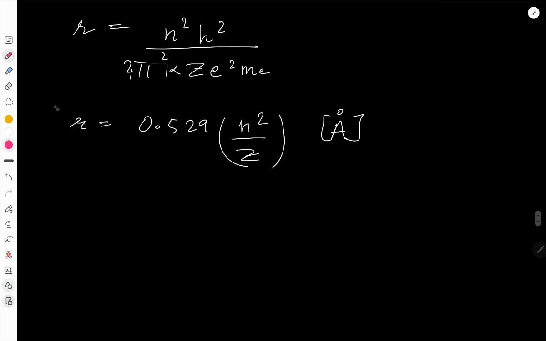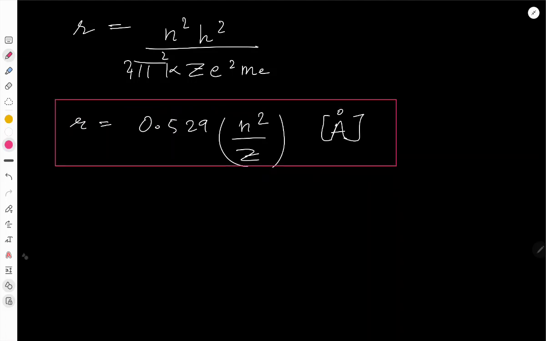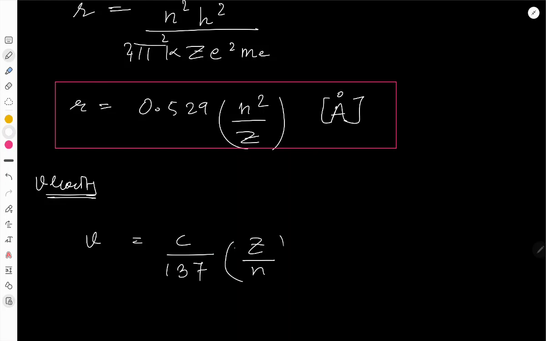This is what we need to remember once again. And the velocity is equal to C upon 137 times Z by n meters per second.